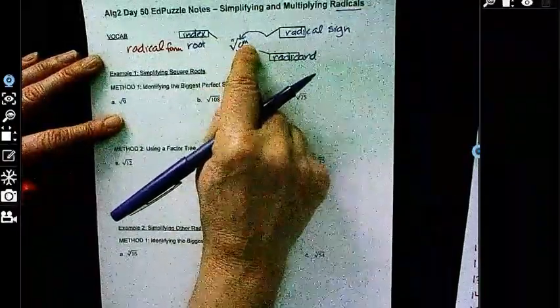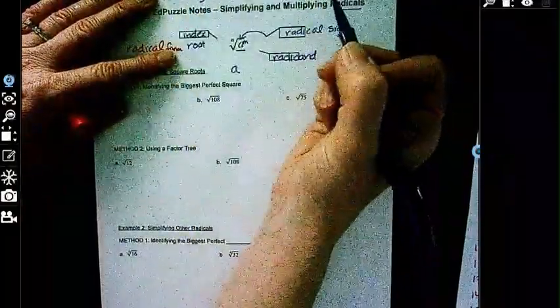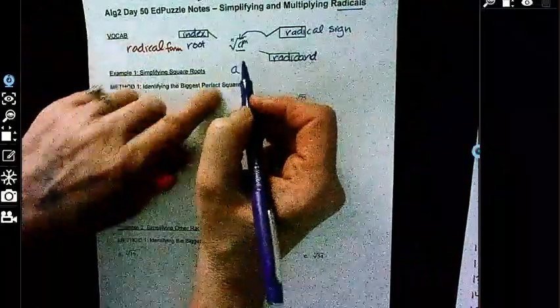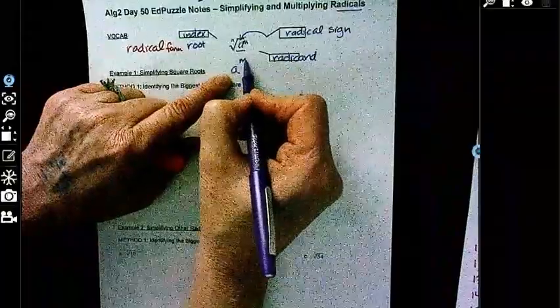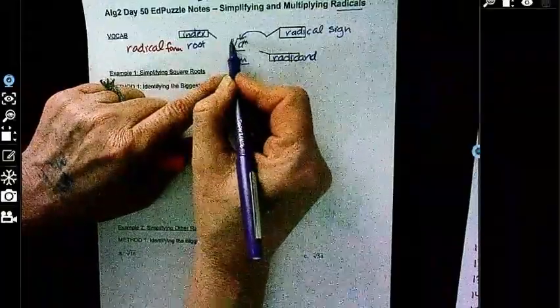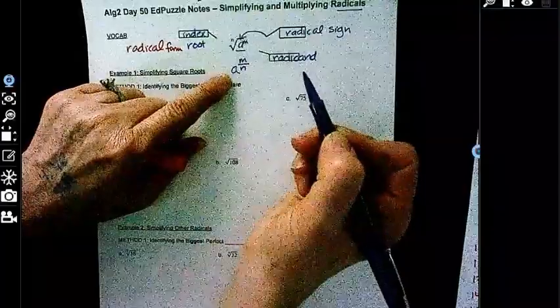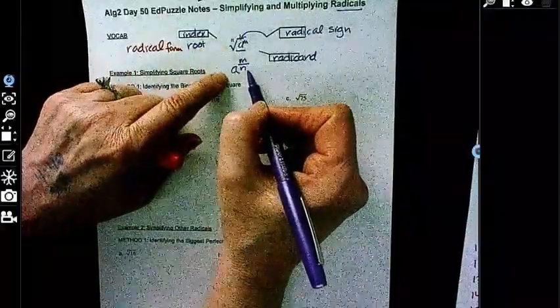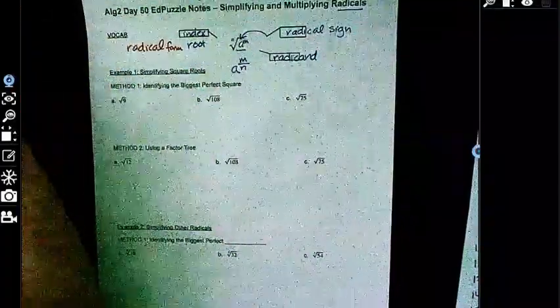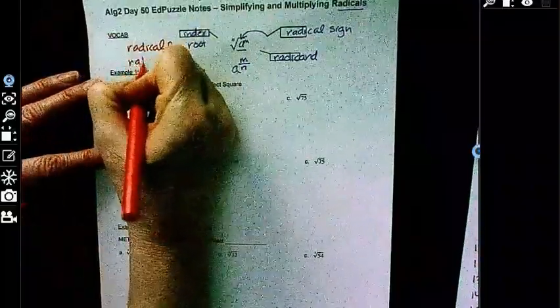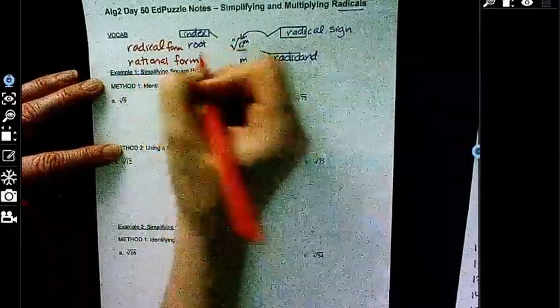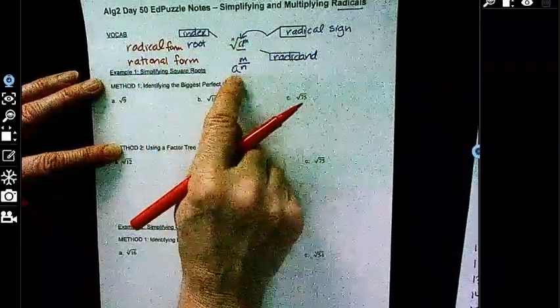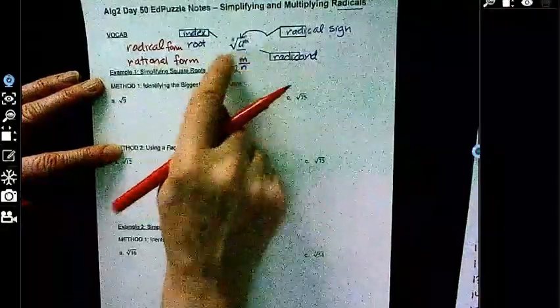It's implied, because just the number 3 is really 3 to the first power. So when you see a radical, you have a to the power m, and then n, the root or index, is in the denominator. These are the same thing, and this is called the rational form. You see it has a ratio, a term to a ratio.